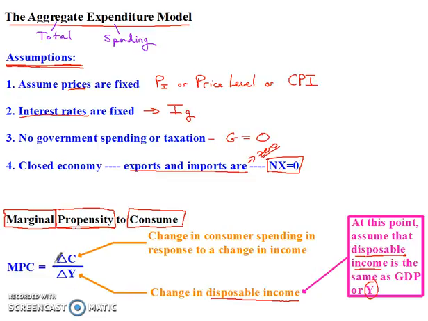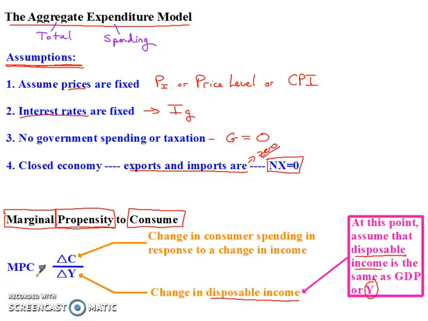That's how much of an additional dollar of income I use for consumption. I'll lay this out in a much clearer way using specific numbers on a future podcast. For now, if you make one more dollar and spend 75 cents of it, your marginal propensity to consume is 0.75.